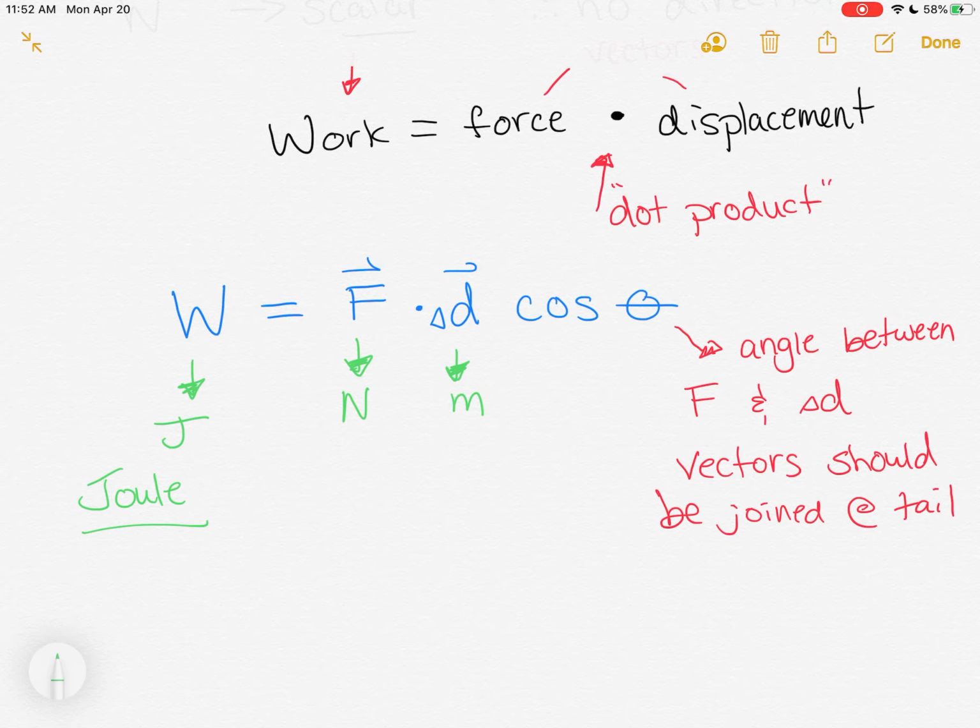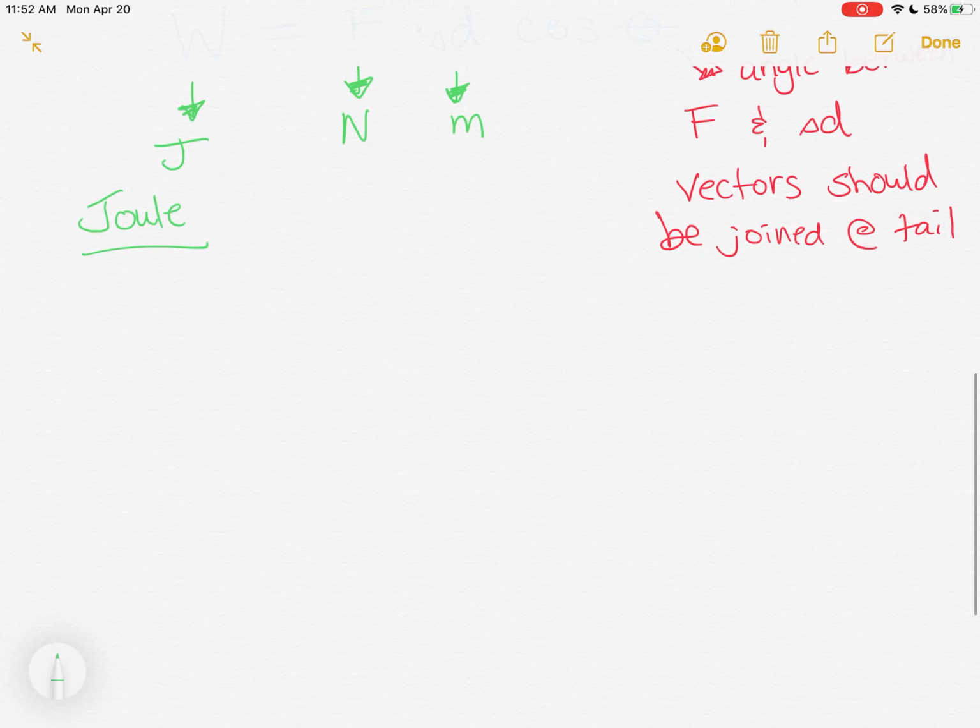Okay, and so the unit for joules is a J. If you want to say it in words, we'd say joules. Okay, and so that's the unit for our work. So when we take our force in newtons times our displacement in meters times cos of the angle in between the force and the displacement, we're going to end up calculating work, which is measured in joules.